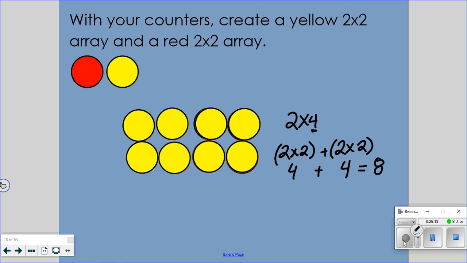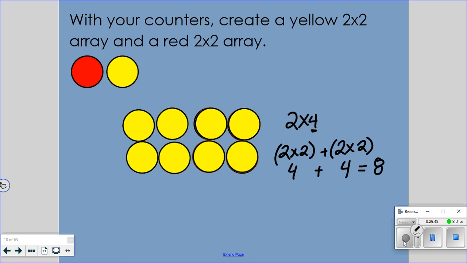Well, is that 4 groups of 8? No, that's only 2 groups of 8. I've got to do it again. What is 2 groups of 8? 16. 2, 4, 6, 8, 10, 12, 14, 16.